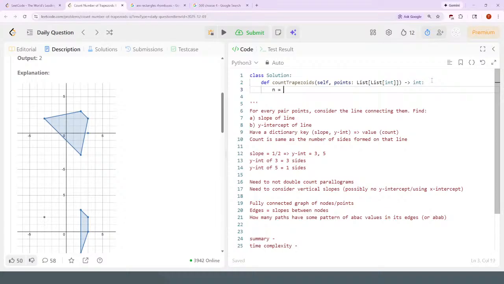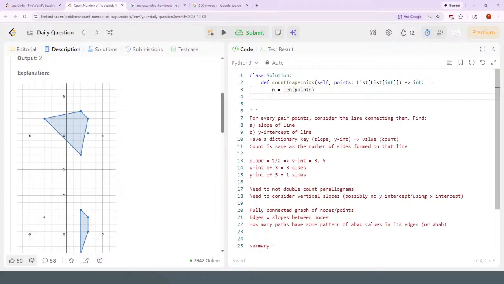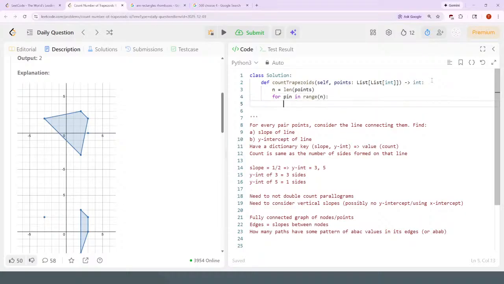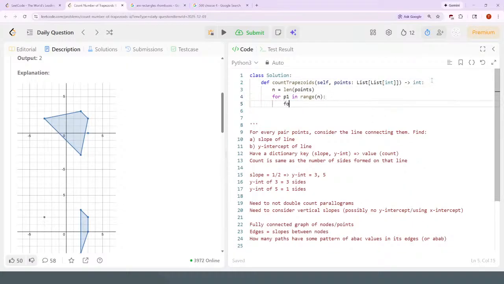So n is the length of points, for every index in range. So I'll use p1, and then for p2 in range p1 plus 1 to n.